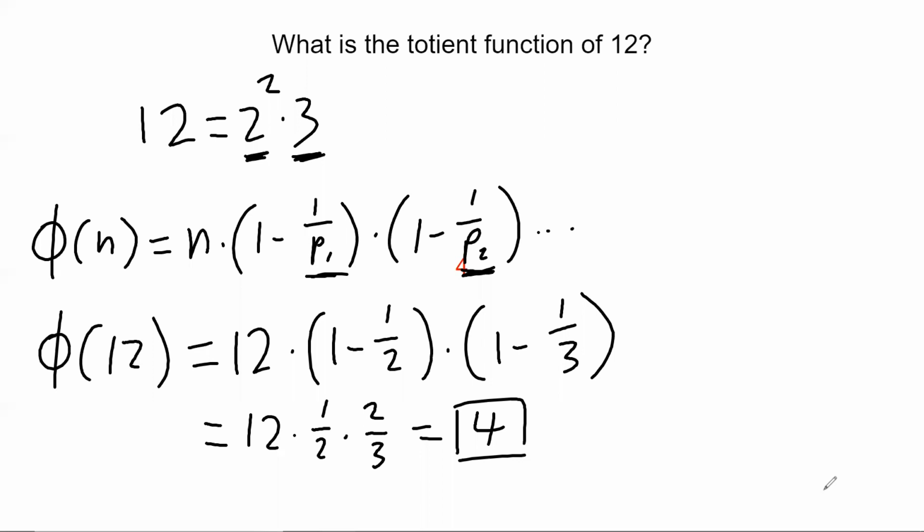Don't forget that even though we technically have two 2's in our factorization of 12, our expression 1 minus 1 over 2 only appears once. So we only have one of these factors for each distinct prime factor.